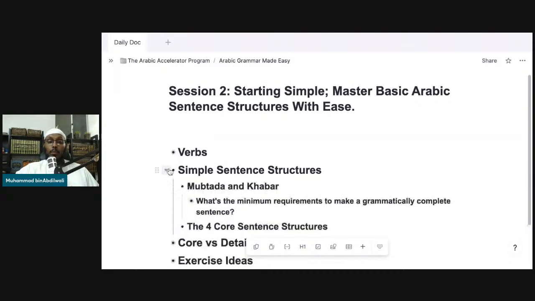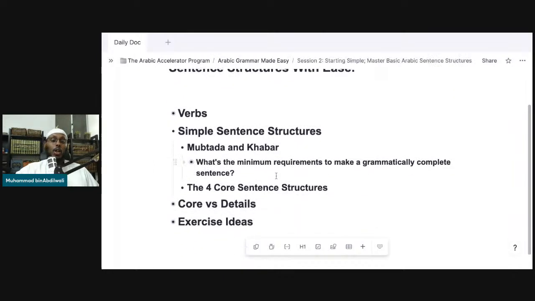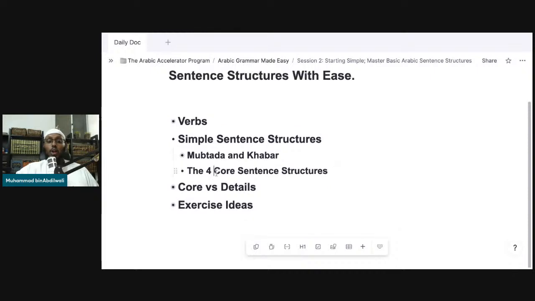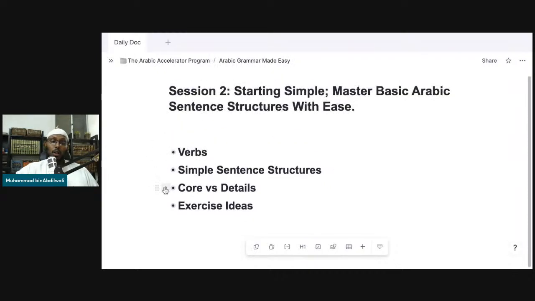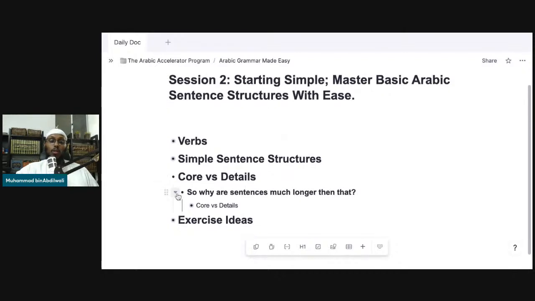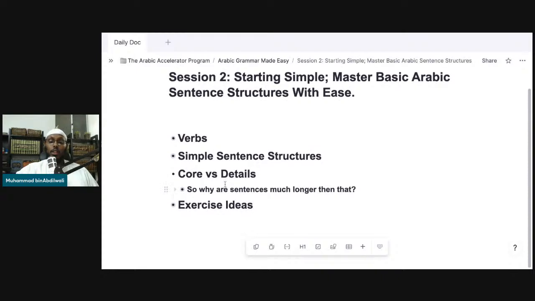Then we're going to talk about simple sentence structures. Okay, one of the questions we're going to answer is what's the minimum requirement to make a grammatically complete sentence? All right. We'll answer that. And then we're going to talk about the four core sentence structures. And after that, we're going to talk about the difference between core and detail. We might not get time for that. If we don't, we'll cover it in the third session.